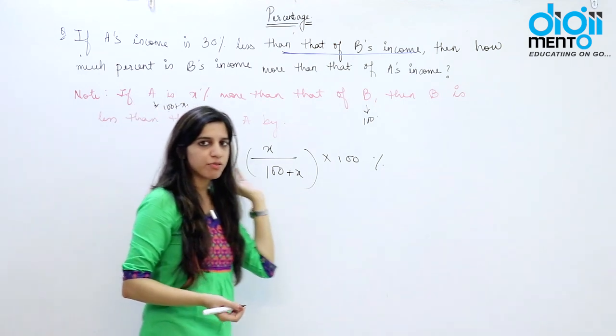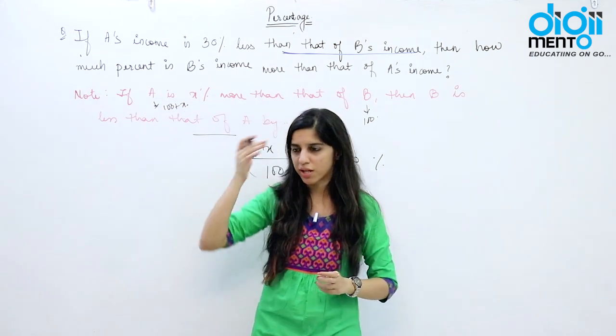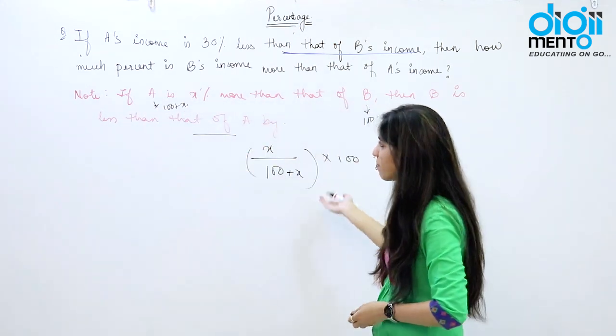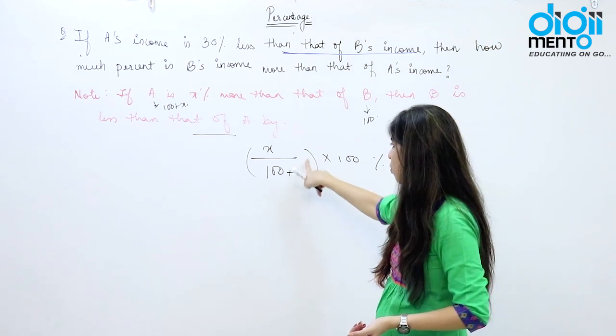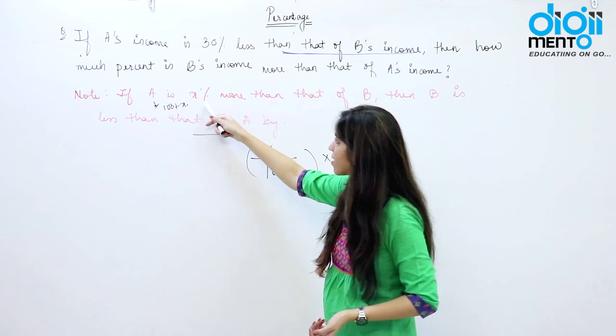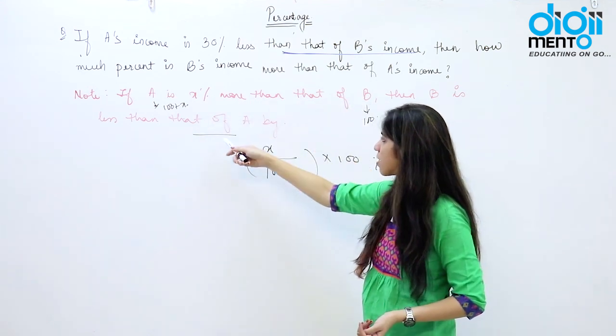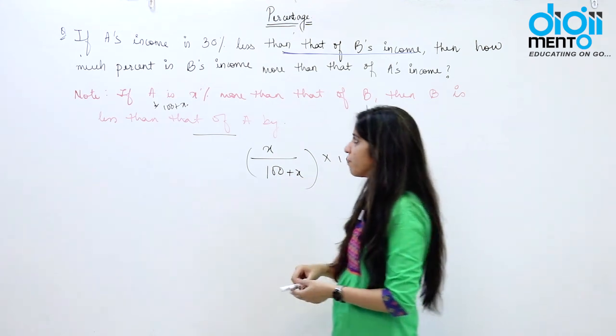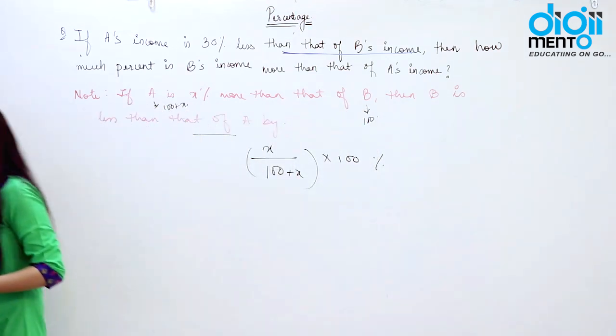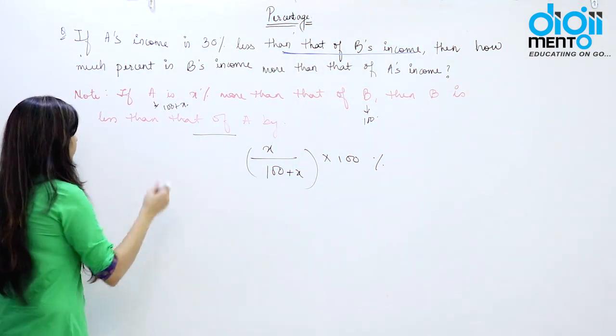They are giving the formula in the same respect. This is the same thing, but some people are good at remembering, so you just remember this formula directly. If A is x% more than that of B, then B is going to be less than that of A by this much amount. Similarly, you can see, this is just an extension only.